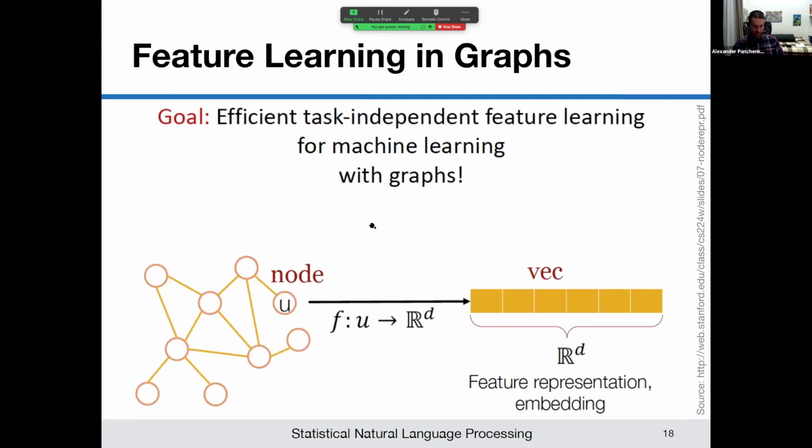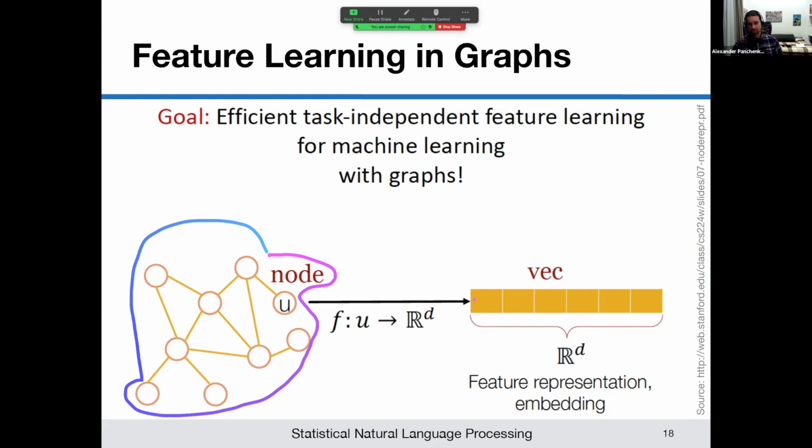So here the goal is, given a network, for every node of this network to learn a function which would project the node into a d-dimensional space with a small dimension.